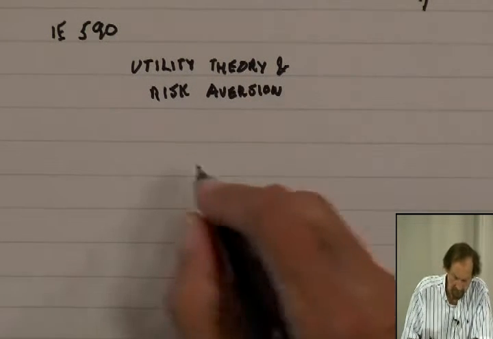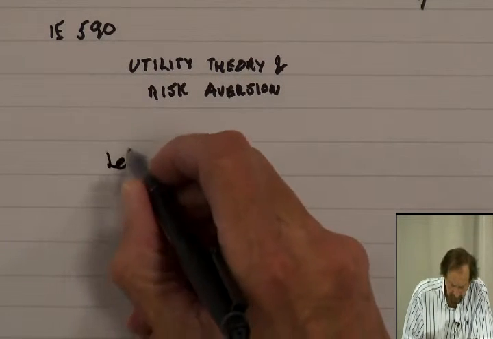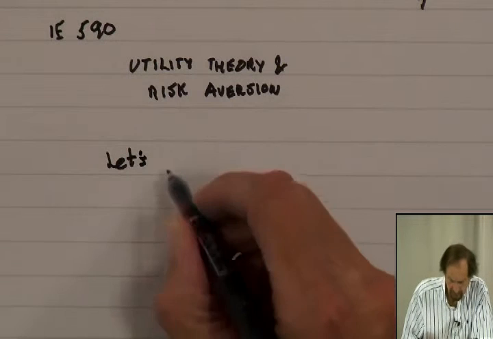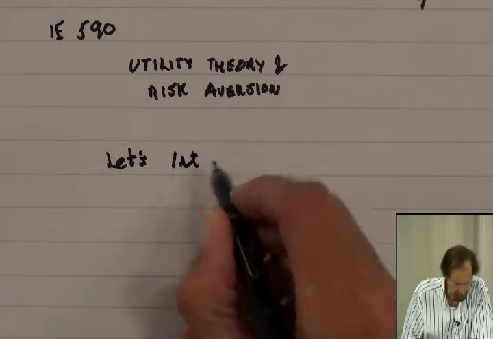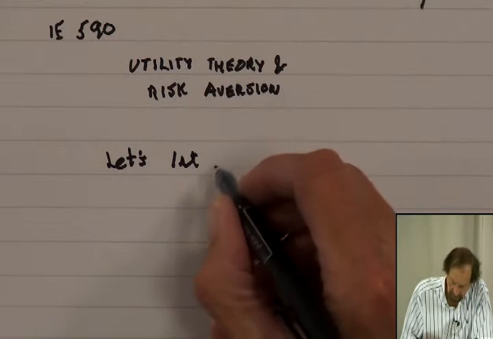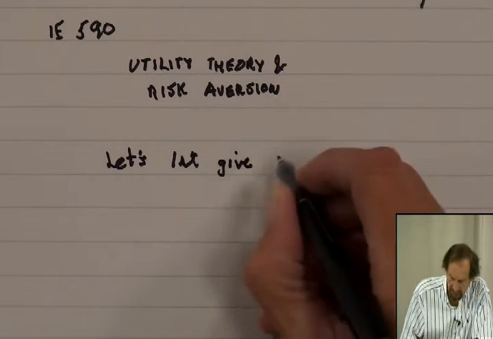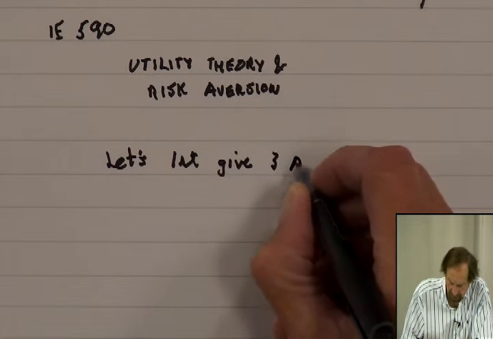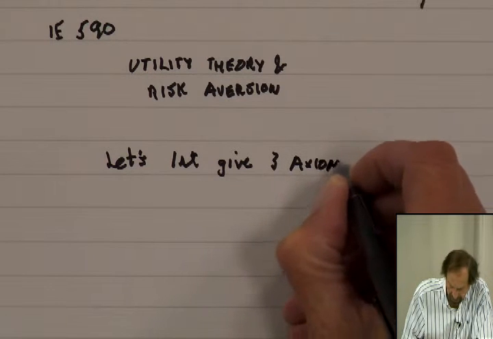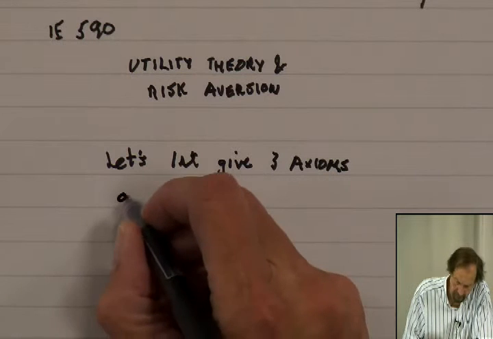Let's first give three axioms of utility theory.